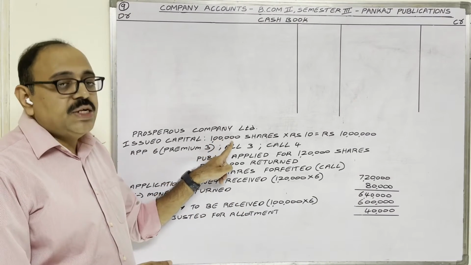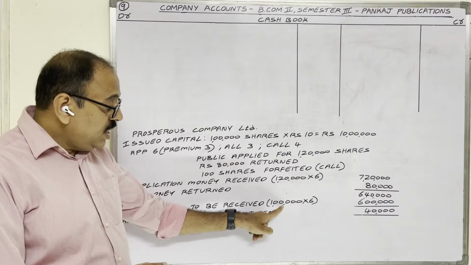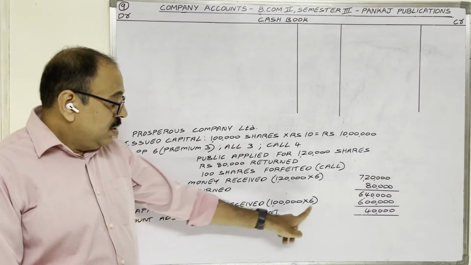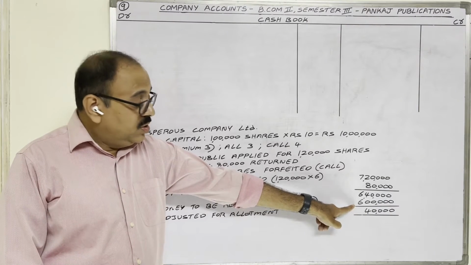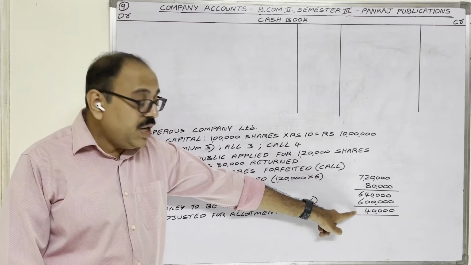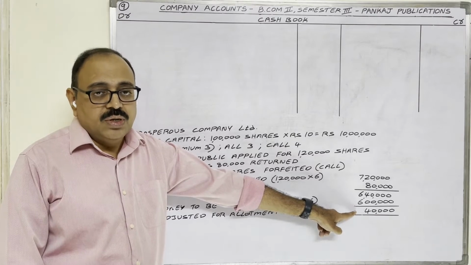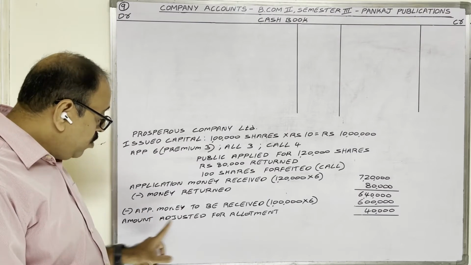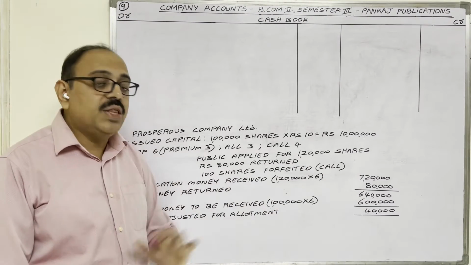The company is allotting 1 lakh shares only. On 1 lakh shares at the rate of 6 rupees each, including premium, 6 lakh should come. So from 6,40,000, if you subtract 6 lakh, 40,000 extra the company received. This money the company is adjusting for allotment, no? Amount adjusted for allotment, 40,000 rupees.